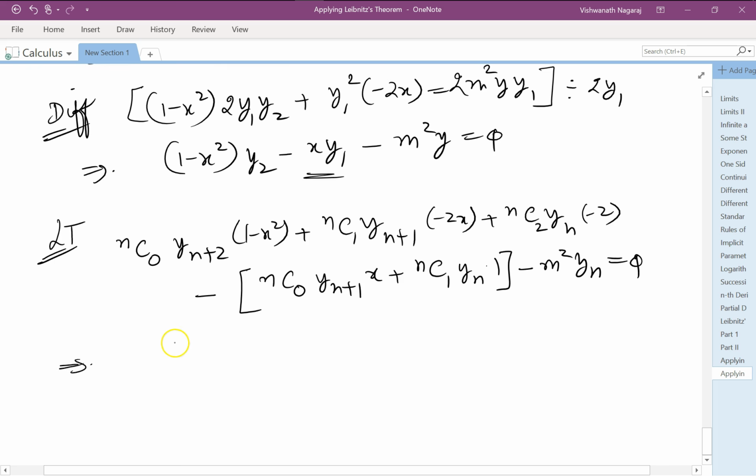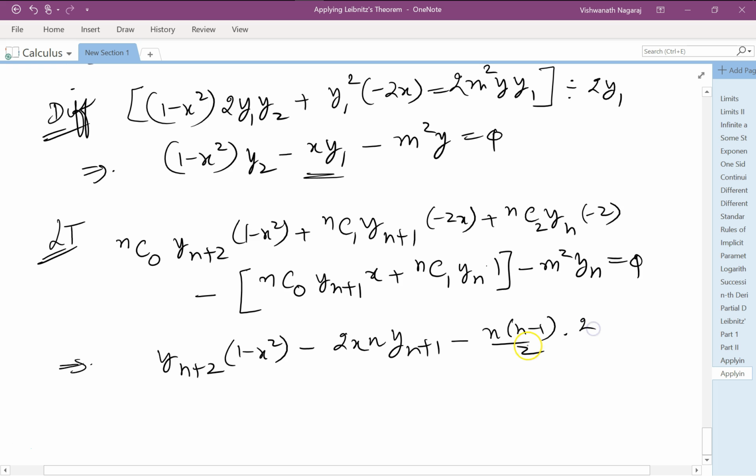Now simplify. nC0 is 1, yn plus 2, 1 minus x square plus n times, let's do it in one step itself, minus 2x n yn plus 1 plus n times n minus 1 by 2 times, let's make this minus 2, so 2 gets cancelled, yn minus nC0 is 1, so x yn plus 1 minus n times yn minus m square yn equal to 0.